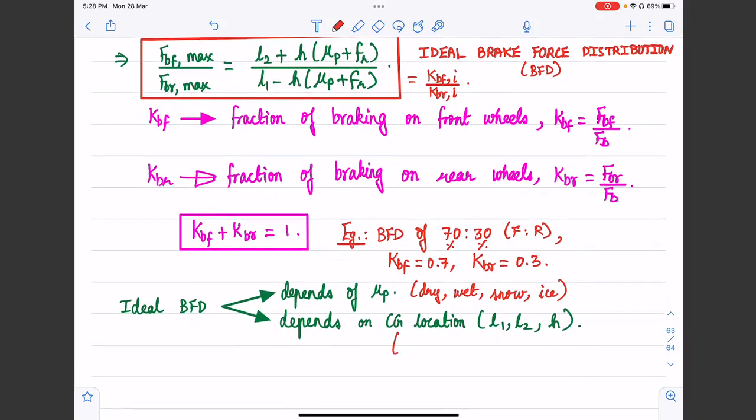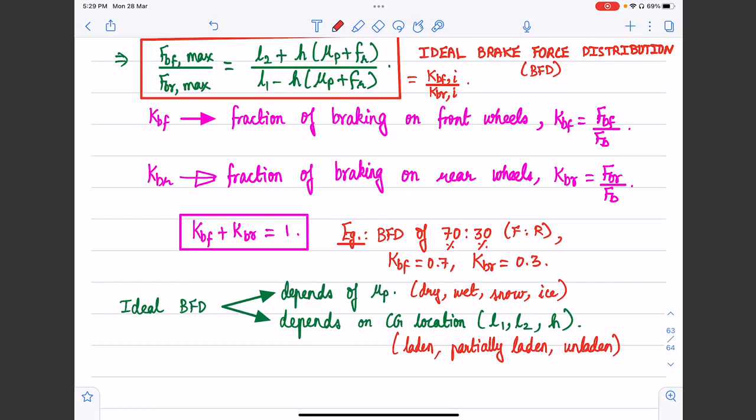And if we have a laden vehicle, a partially laden vehicle, and a fully unladen vehicle, obviously the values of L1, L2, H will change, and that's also going to change the ideal brake force distribution. So this creates an interesting perspective on why we need active devices like ABS.